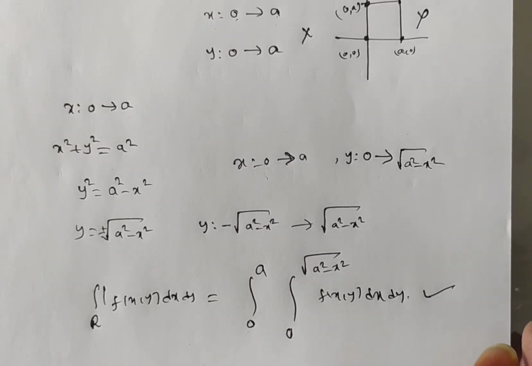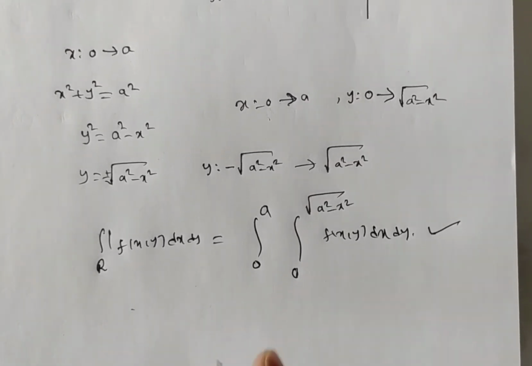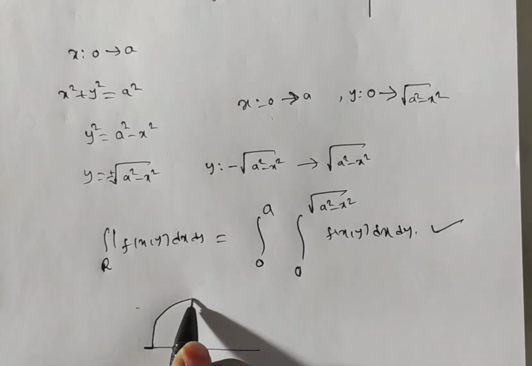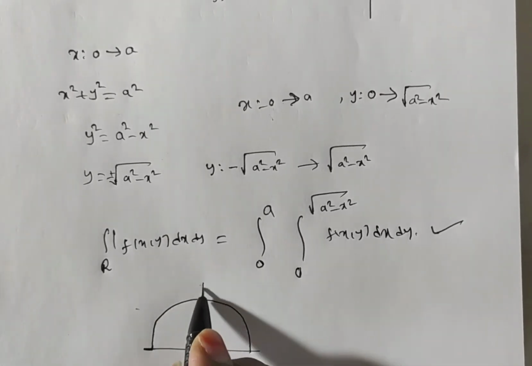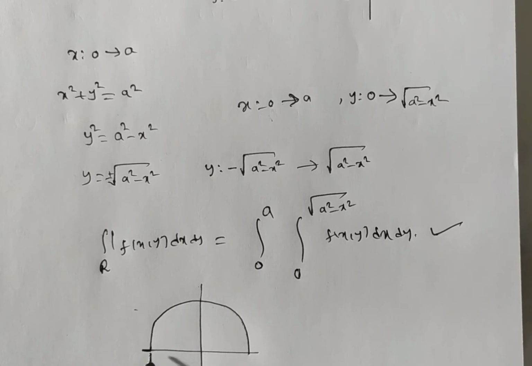Friends, can you guess what you will get if it is given in the upper half of the circle? I am solving for this problem only. The upper half of the circle is this one. Now in this case you observe x starts from minus a to a.